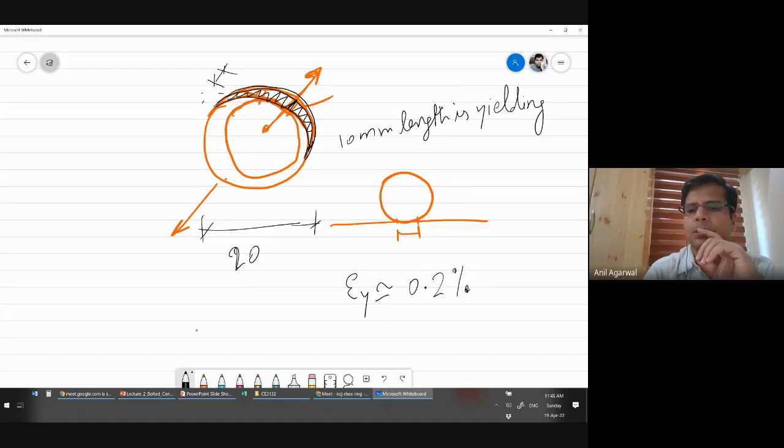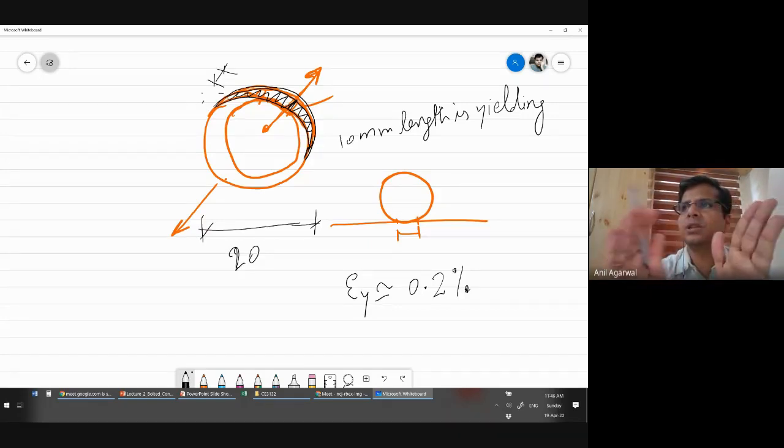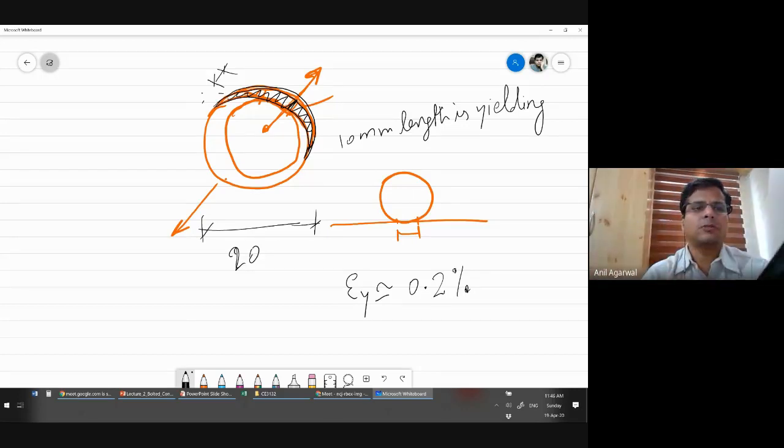So if I limit it to 0.2% strain, 0.2% of 10 millimeter is the deformation value I'm limiting it to so that there is no yield taking place. How much will that be? 0.02 millimeter.